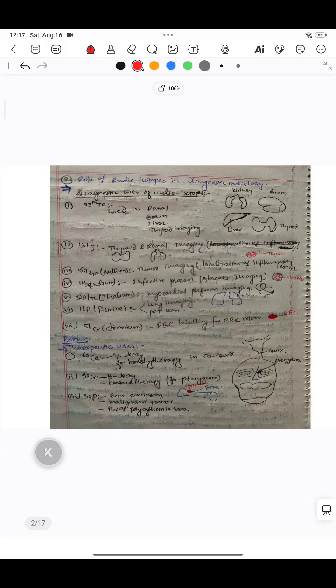What are the roles of radioisotopes in diagnostic radiology? For renal, brain, liver, thyroid, it is 99 technetium.